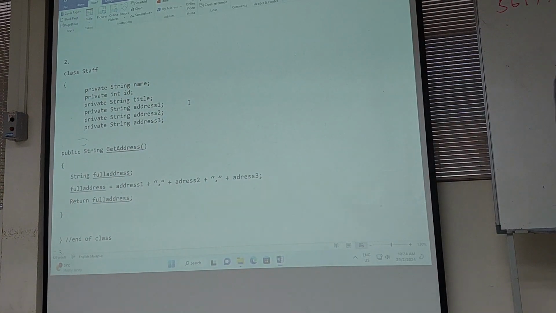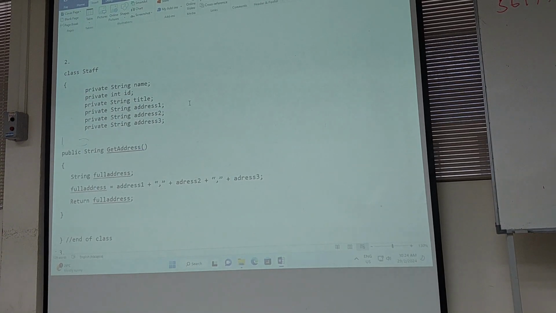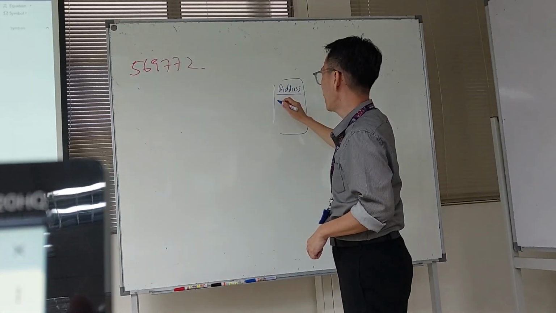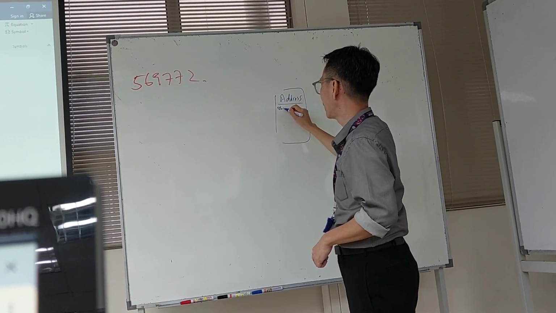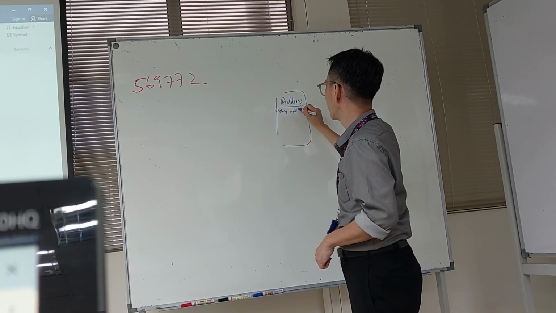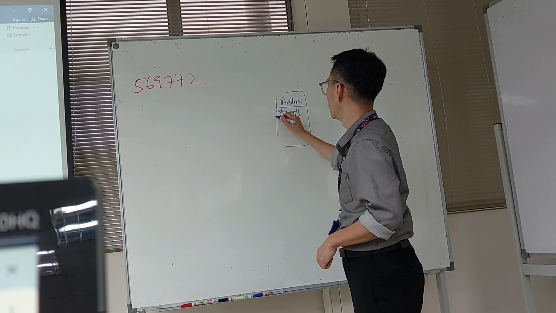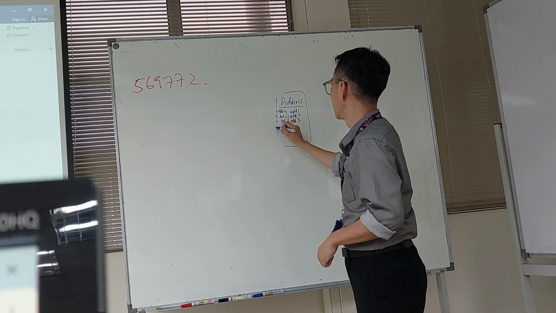Okay. We may have an address class. And then we may have, let's say, private string address 1, string address 2, string address 3.